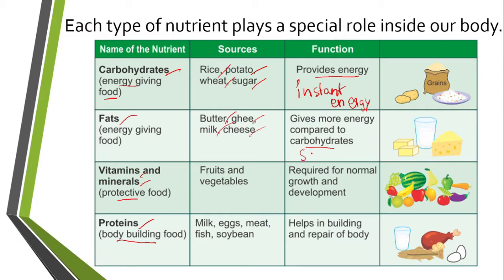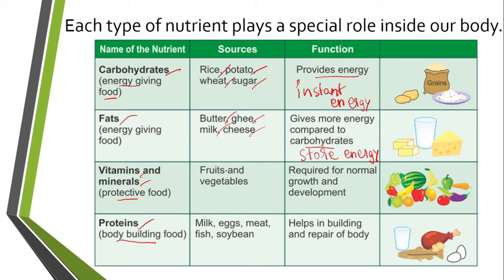They are the major storage form. So the main difference is carbohydrates give us instant energy and fats store the energy for later use. And fats give us more energy than carbohydrates.